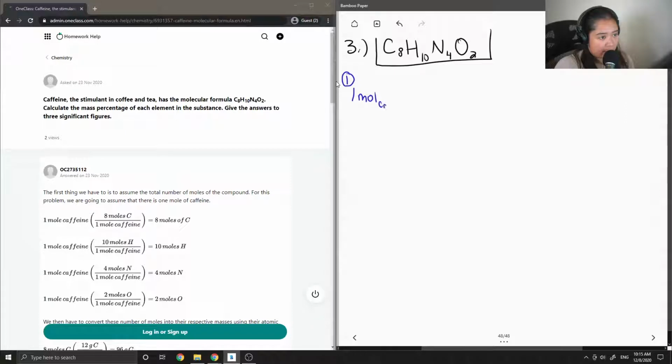So I'm going to do an example calculation for the carbon. If we had 1 mole of caffeine, I can show that we have 8 moles of carbon in 1 mole of caffeine. So we can multiply this by 8 to get 8 moles of carbon.